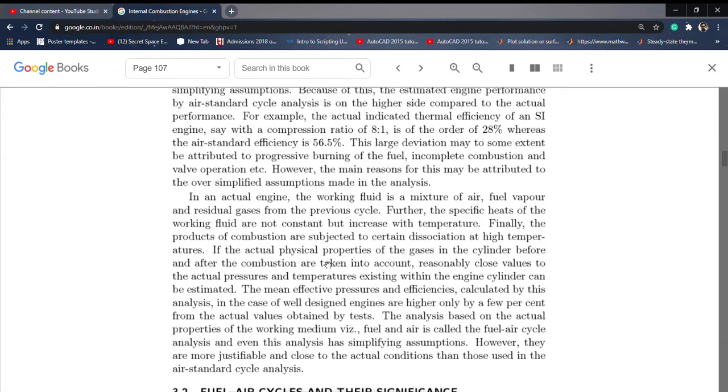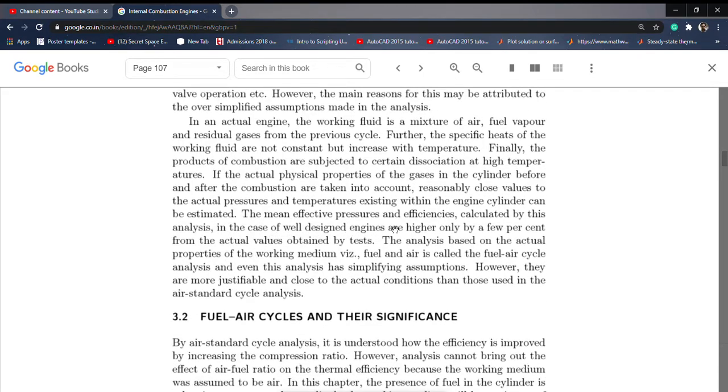If the actual physical properties of the gases in the cylinder before and after combustion are taken into account, reasonably close values of the actual pressures and temperatures existing within the engine cylinder can be estimated. The mean effective pressure and efficiencies calculated by this analysis in the case of well-designed engines are higher only by a few percent from the actual values obtained by test.